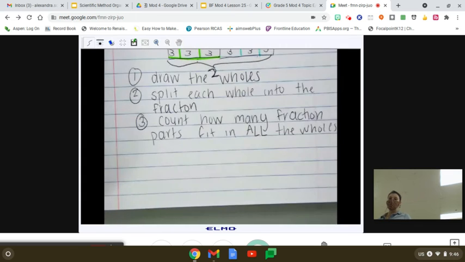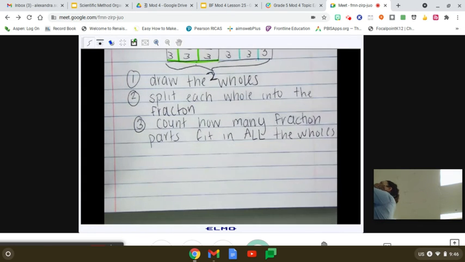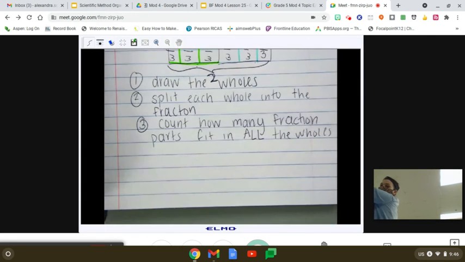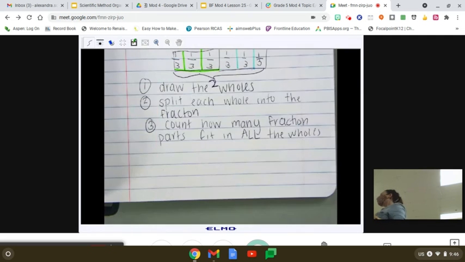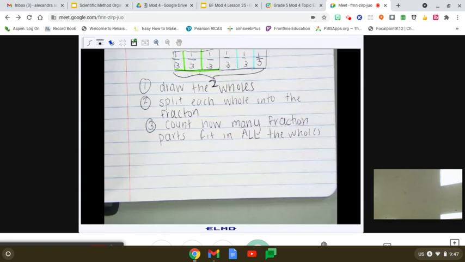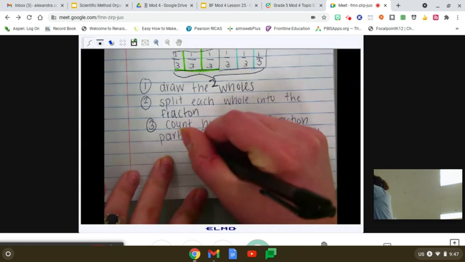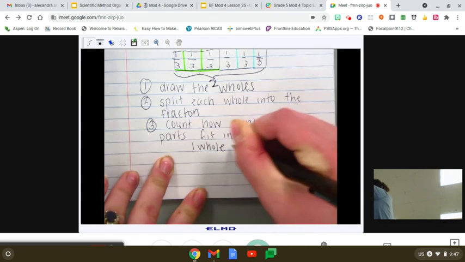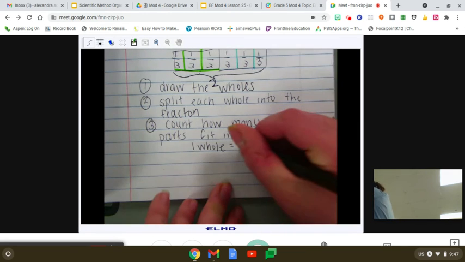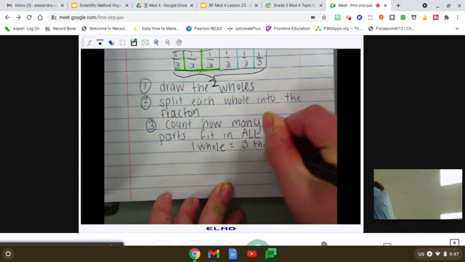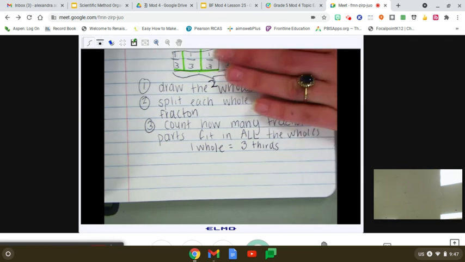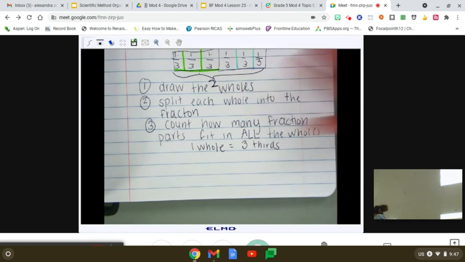And we are going to write down what we know. Zoom out a little bit. Again, remember, if you need to pause the video, you can. So we know that 1 whole equals 3 units, or 3/3, because in 1 whole there are 1/3, 2/3, 3/3.